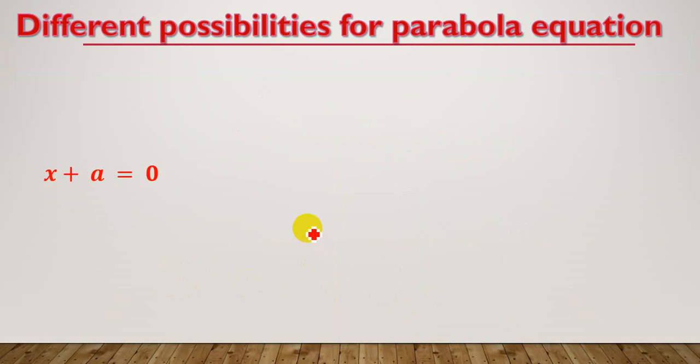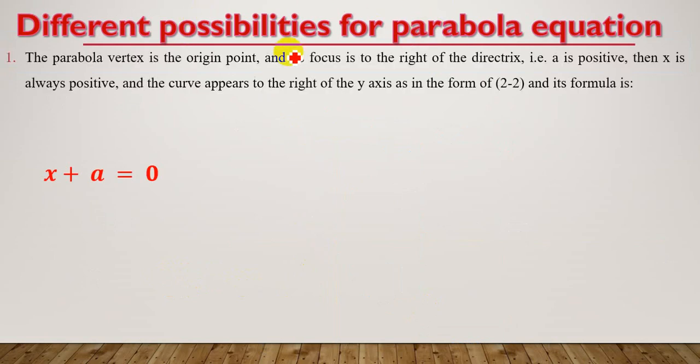Okay. The possibilities for the parabola equation. First one, when we write for the directrix, that means x equals minus a or x plus a equals 0, and this is our equation which we got before.